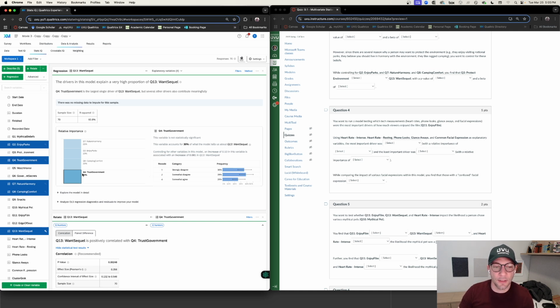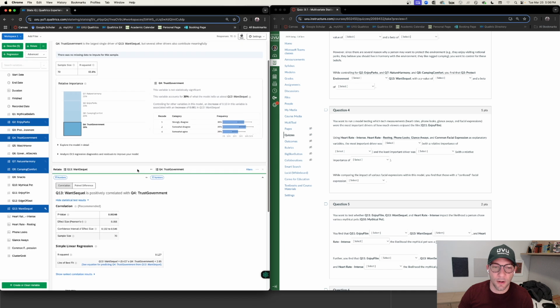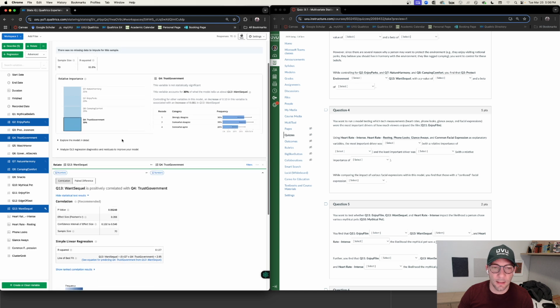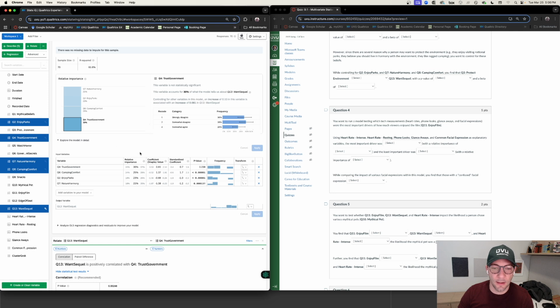And so these percentages show how important each of the variables are. Okay, so I can click here. It looks like this one is significant. You can click on all of these. Usually, in most cases, what we want to do is just click here, and it gives us a really nice output.